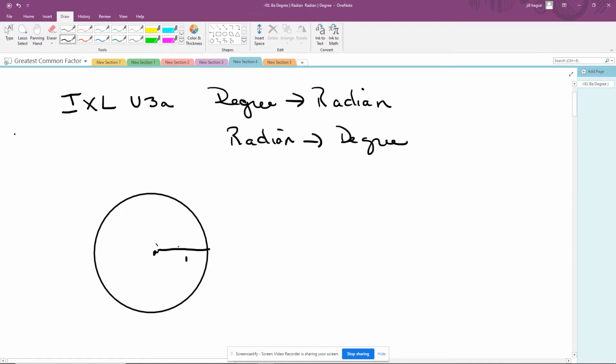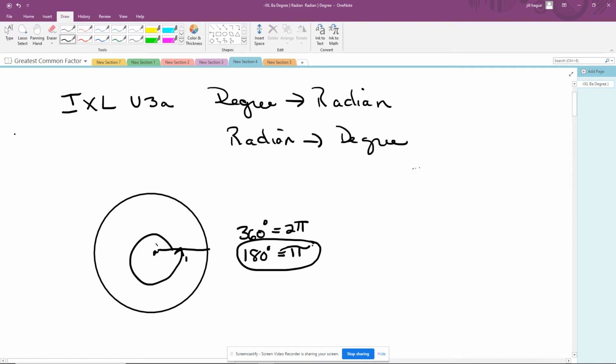And the one I wanted to remind you of is 360 degrees around here was equal to 2 pi. So we also know that 180 degrees, then, half of that, would just be equal to pi. So that is the conversion factor that we're going to use to go from radians to degrees. 180 degrees equals 1 pi.